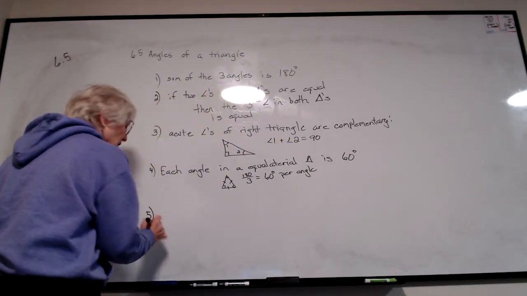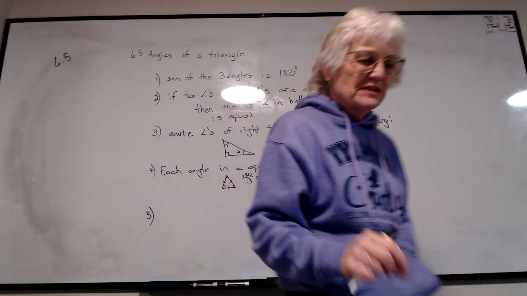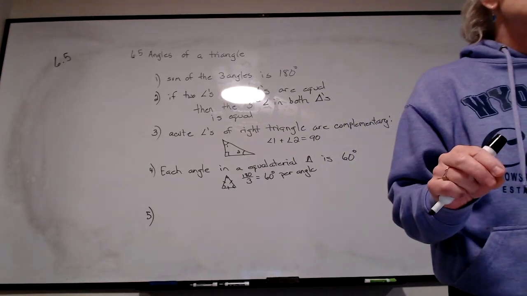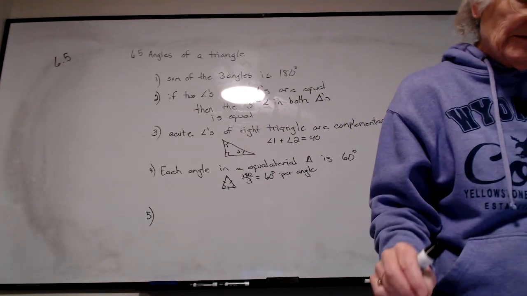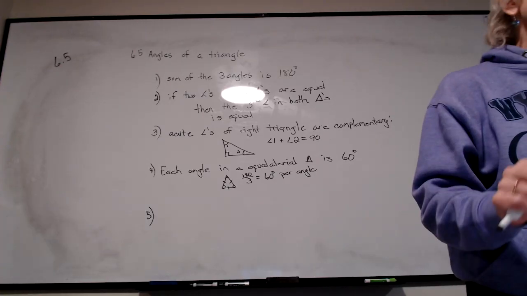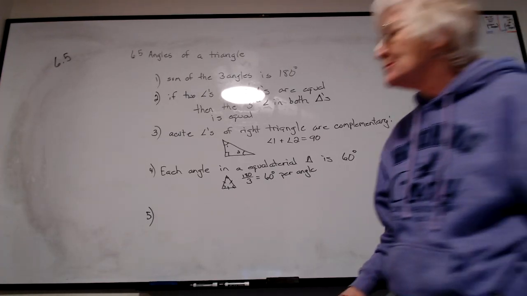Okay. The next one is probably the one you don't know as well. If you have an exterior angle of a triangle, it's equal to the sum of the remote interior angles. So we'll draw a picture on this.